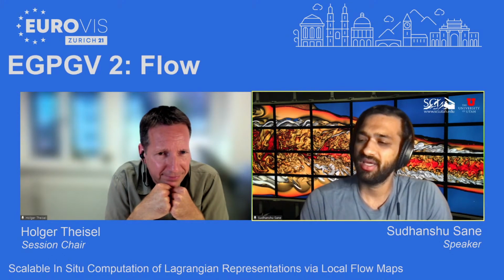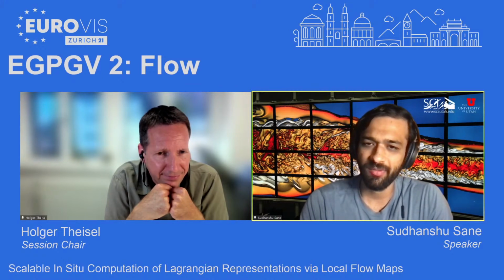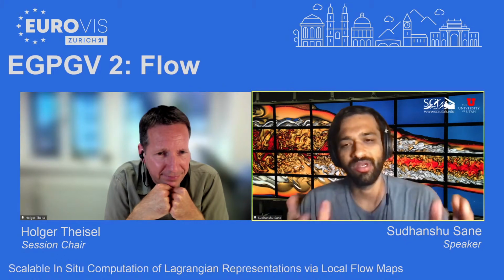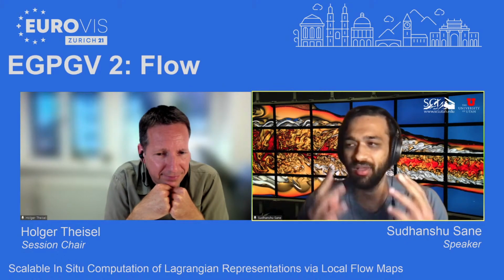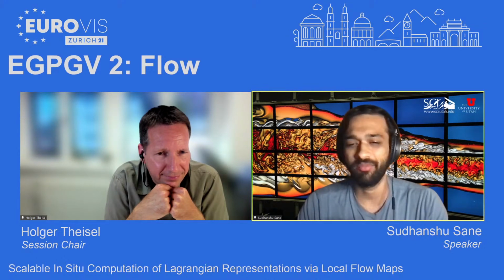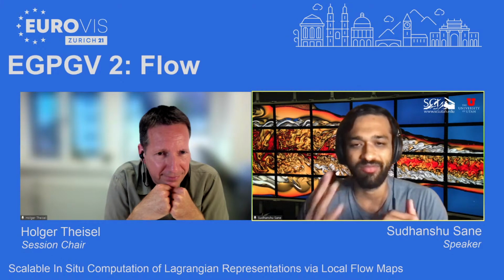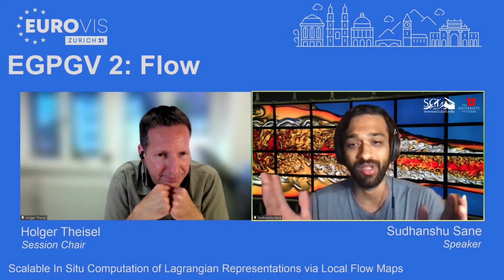I do think that with Lagrangian representations in general, understanding the right temporal intervals is important and pretty much remains unsolved at this moment, as to what the right sampling frequency should be on the temporal axis.